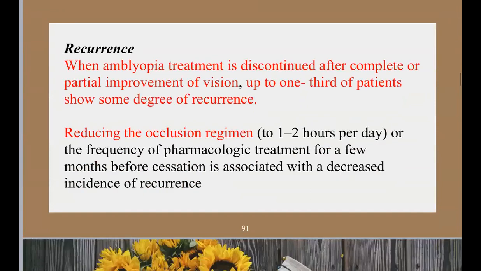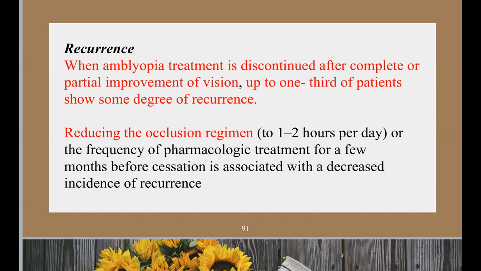Also, recurrence is an extremely important problem. After you treat the amblyopia, the patient improves and the visual acuity is good. After that, this child comes to me after weeks or after months and complains again of depending upon just one eye.